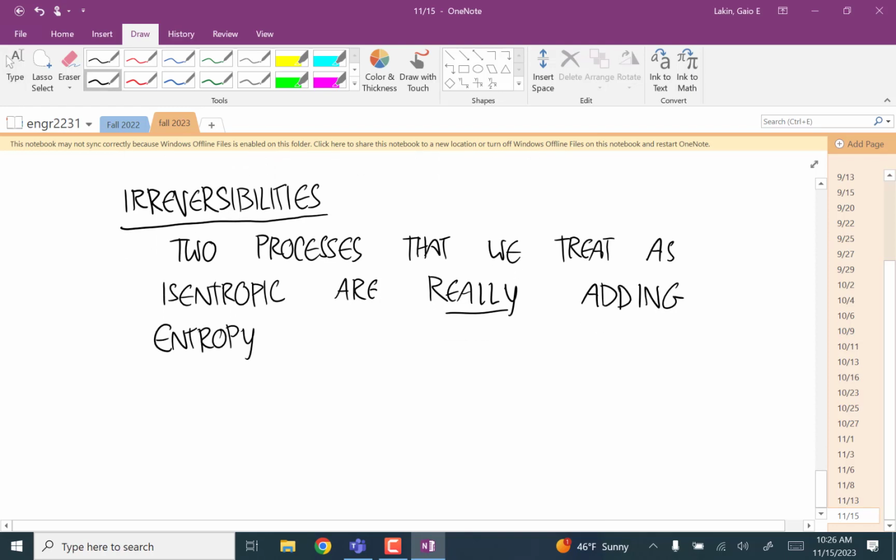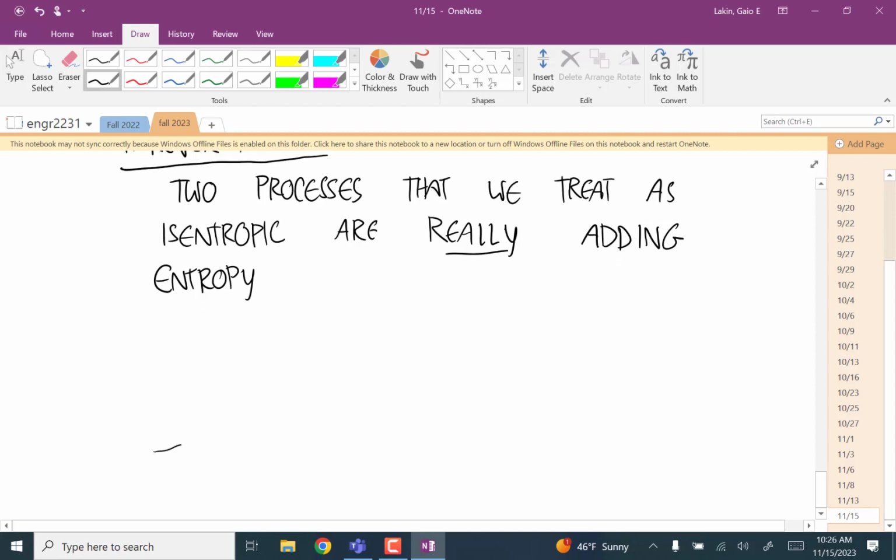So if you think of the temperature entropy diagram, we've been treating it like this.